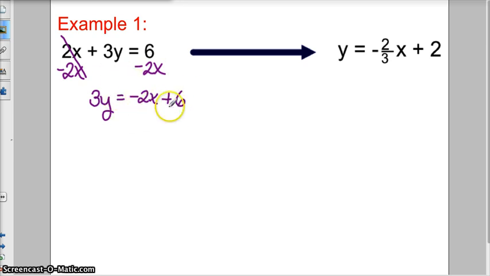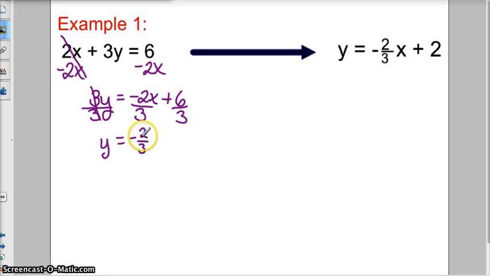So if you notice, I'm almost done. All I have to do is get rid of this 3 in front. So the second step was to divide by the number that is in front of the variable, divide each term by 3. So you're dividing it 3 times, so it cancels out there, and I have y equals negative 2 over 3. We're going to go ahead and leave it a fraction.